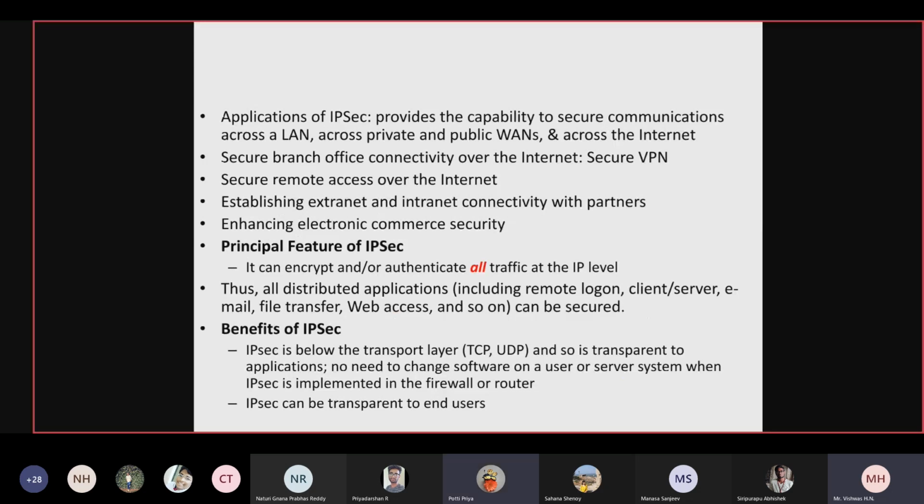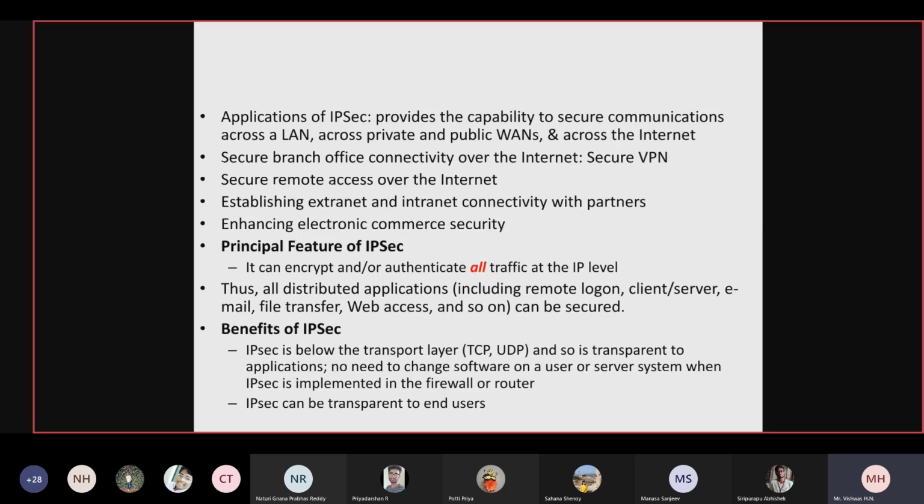Sorry, OSPF uses link state. Is that clear? And for link state, Dijkstra's is the algorithm. And RIP is not link state.